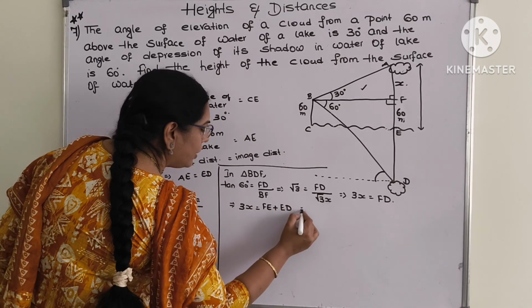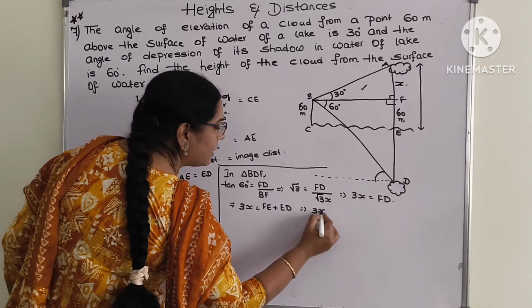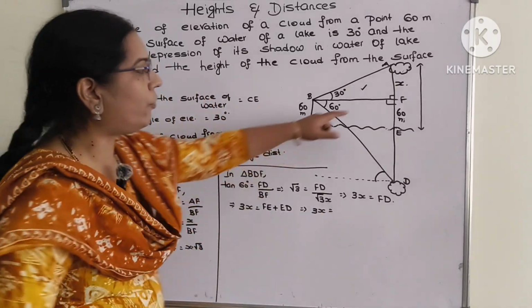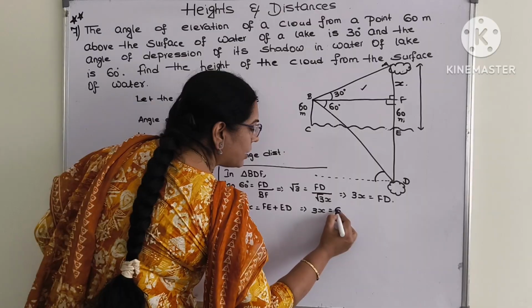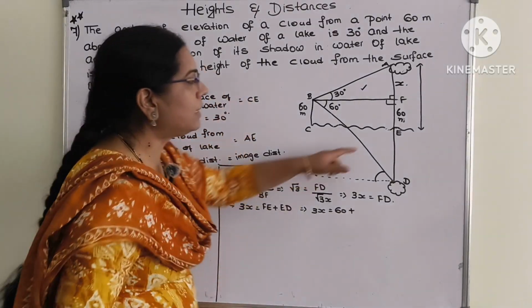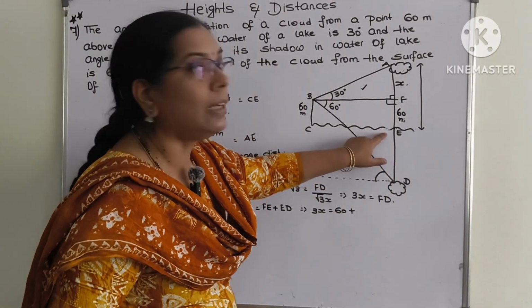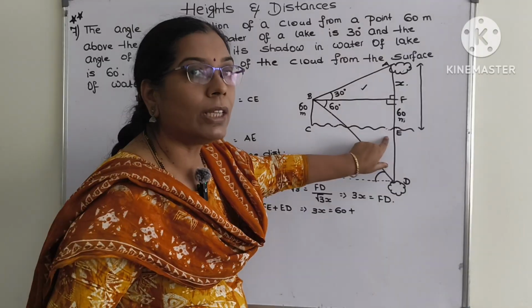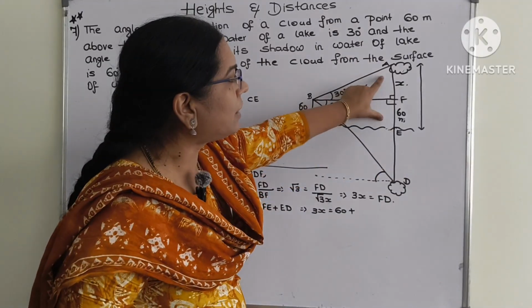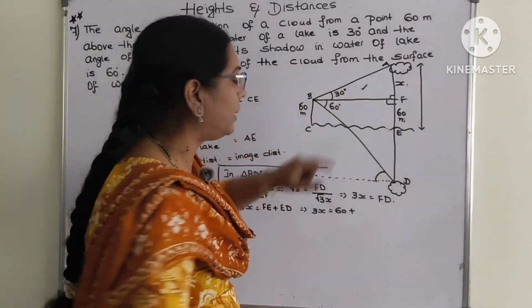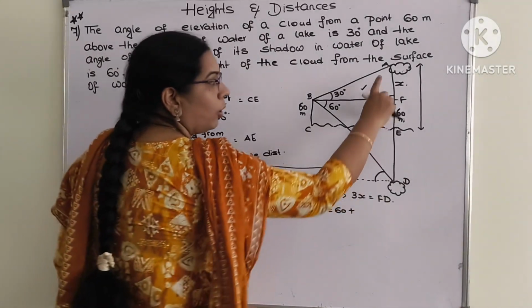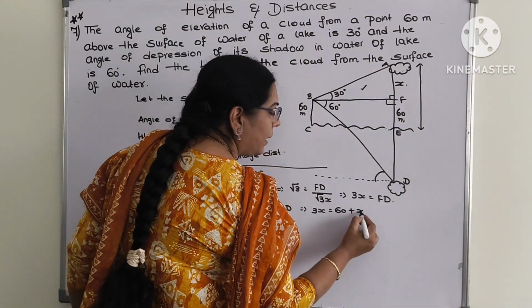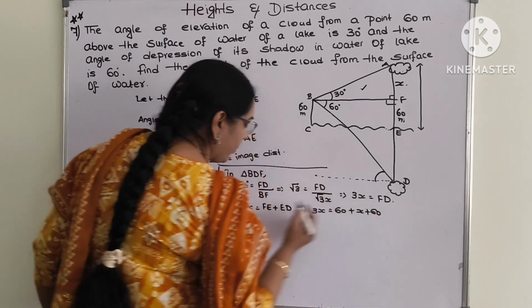Which implies 3x is equal to, how much is FE? FE is 60 meters above the water level. 60 plus, what is ED? ED is the image distance. What is image distance? Image distance is the same as object distance, which is x plus 60.